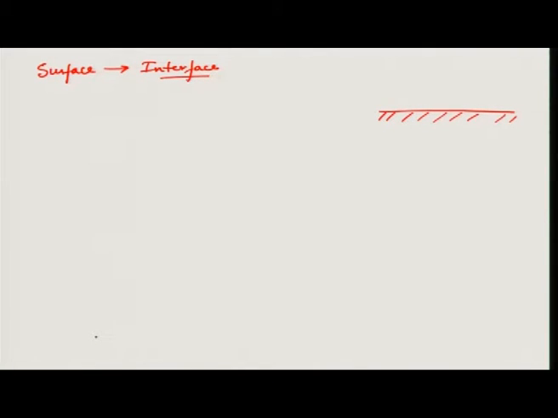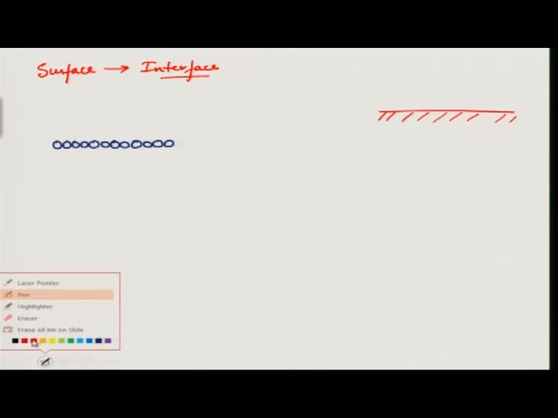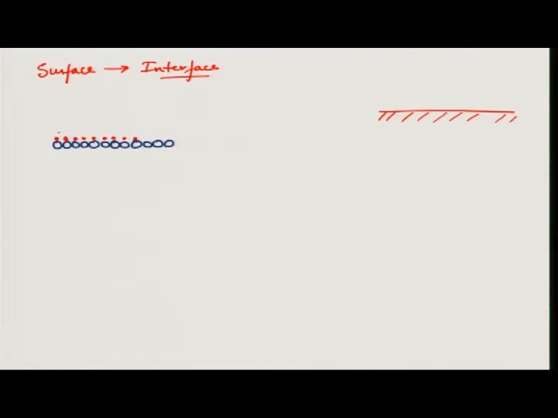interfaces that can form. Suppose my substrate is crystalline, a periodic arrangement of atoms; on top of that I can have a crystalline thin film, which carries the information of the substrate into the thin film. Okay. So, this is one kind of interface, which we can say is crystalline.